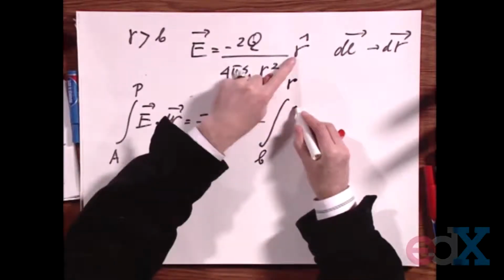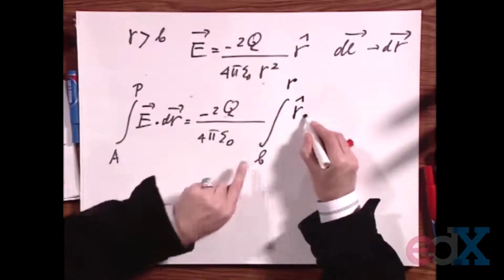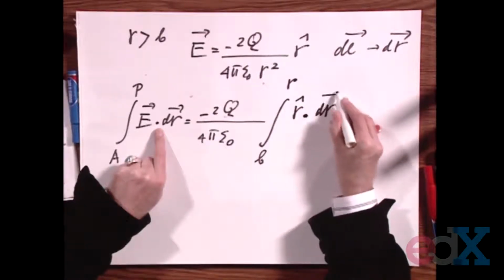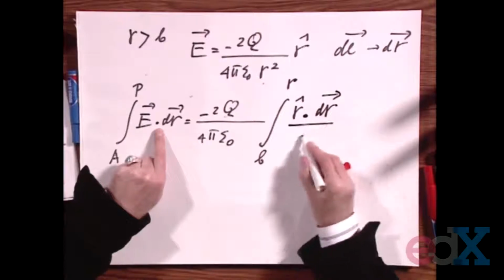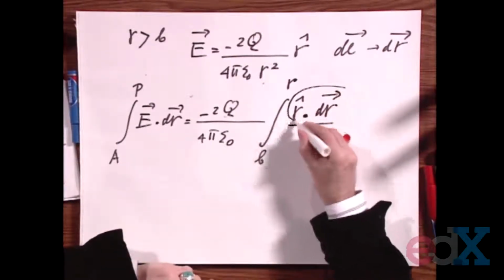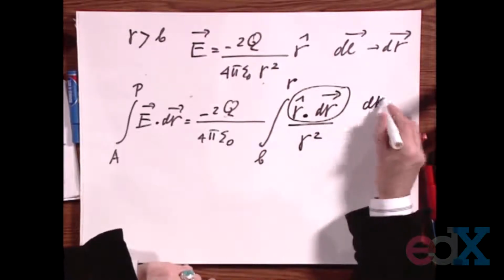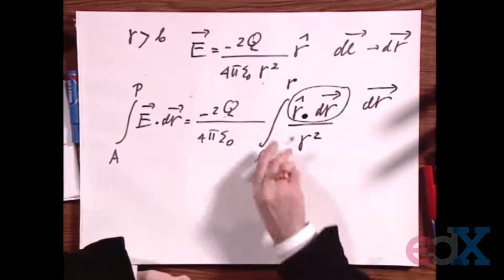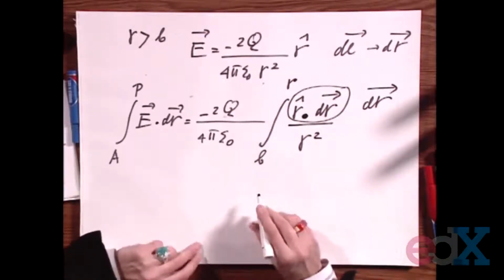And now notice carefully, r roof dot, I shouldn't forget the dot, dr, which is also a vector, divided by r squared. This is nothing but dr. It is plus dr. I hope you can convince yourself of that, because r roof and dr are in the same direction.